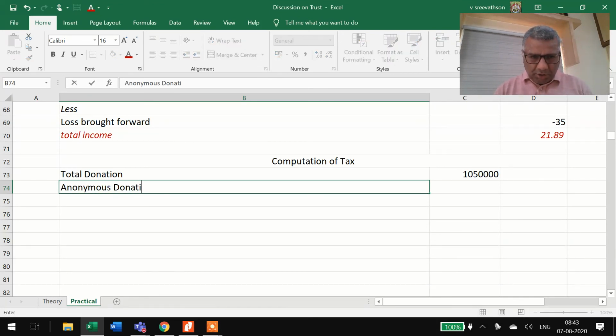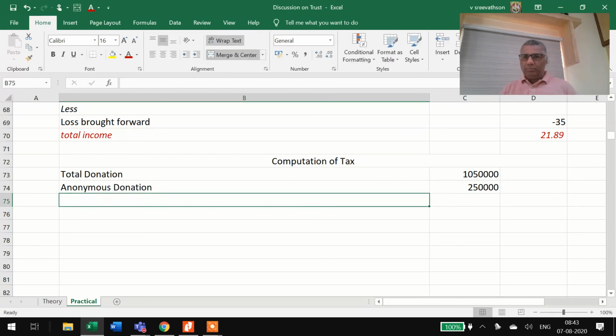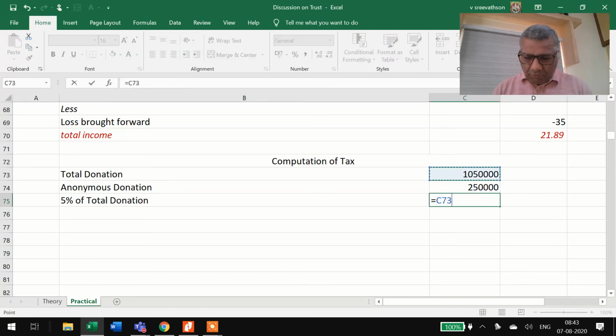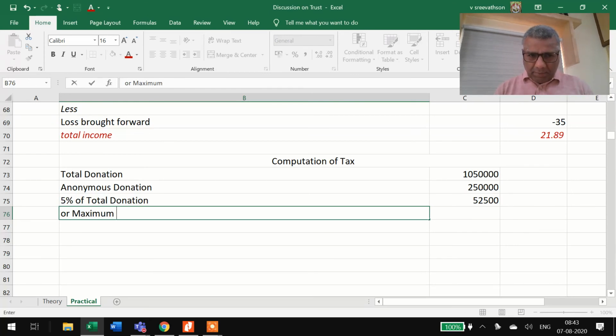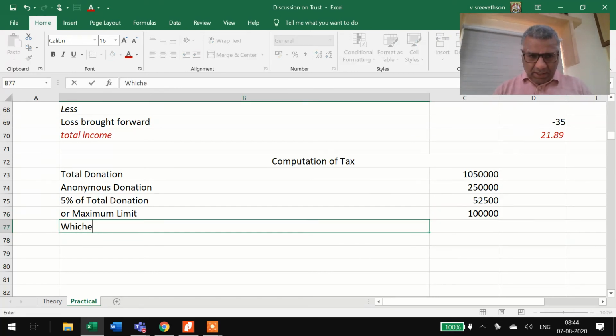Anonymous donation out of that comes to 2 lakh 50,000. 5% of total donation is 52,500, or the maximum limit of 1 lakh, whichever is higher, is taxable at normal rates.